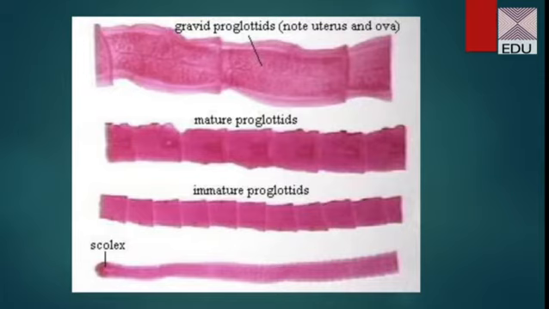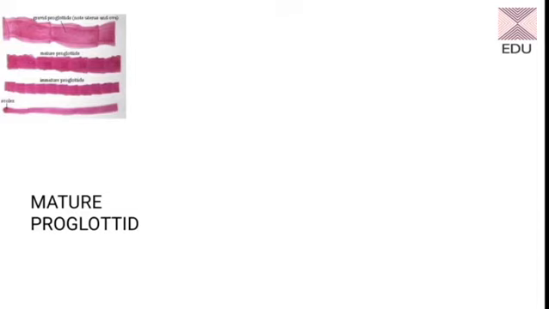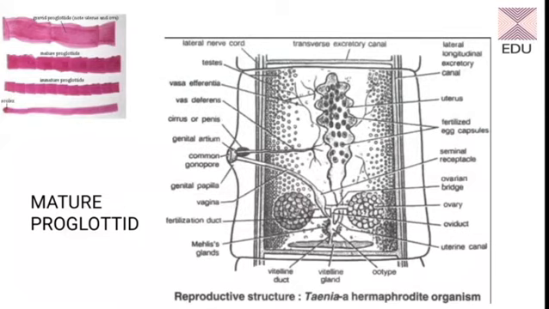So now I am taking up the structure of a hermaphrodite mature proglottid which has developed ovary and testes. So students, this is a mature proglottid. This is a very, very important structure as far as your examinations are concerned.